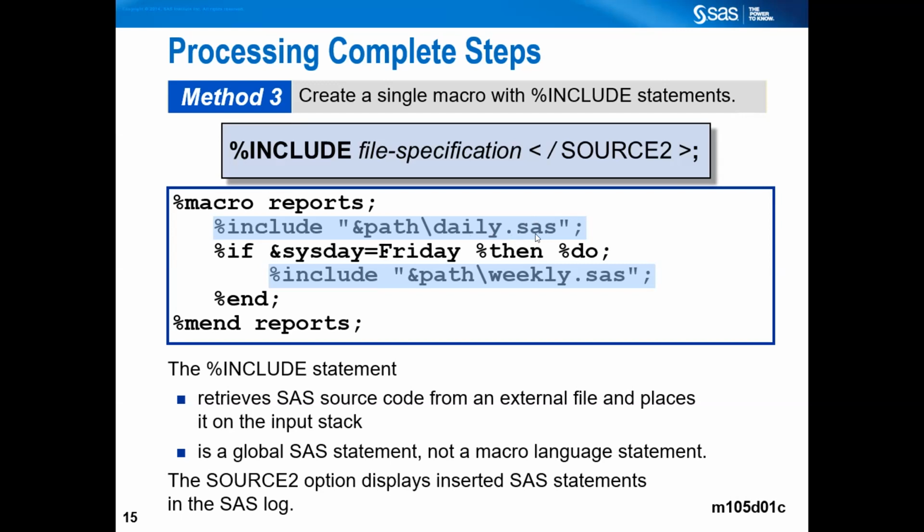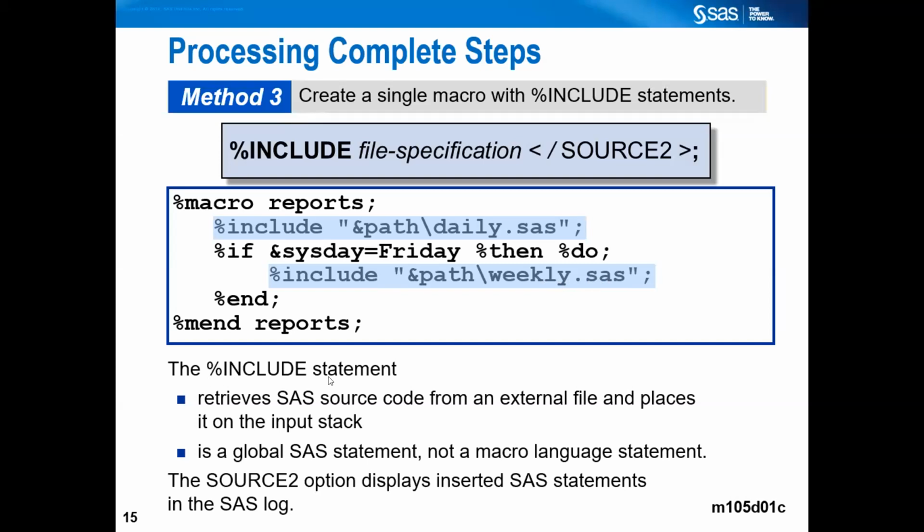So you write a separate daily program, and within your macro you write %include, give the path, and ask it to call this SAS program. Then you write your condition. Again, you include your statement with %include, give the path where you have saved the physical code of your weekly report.